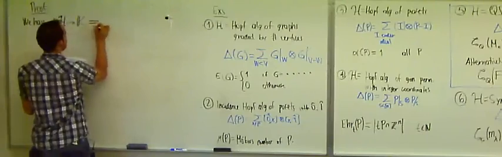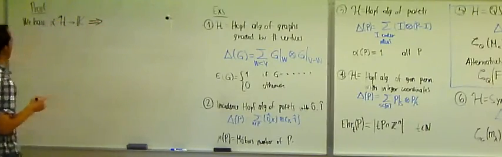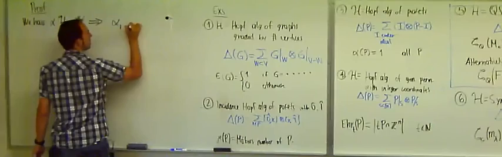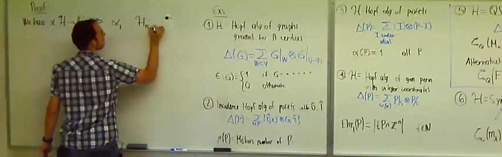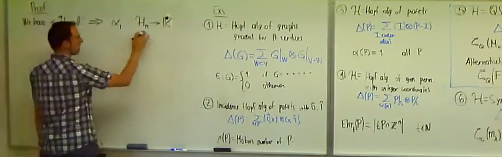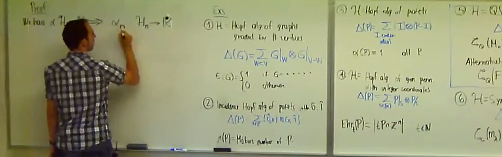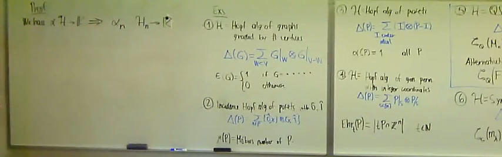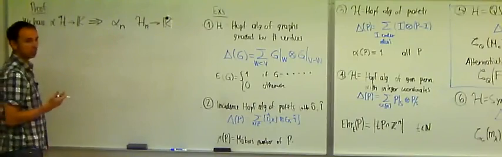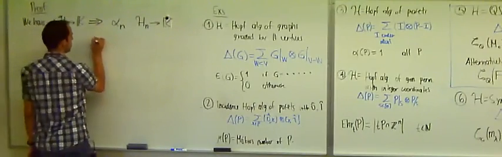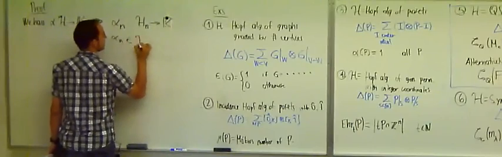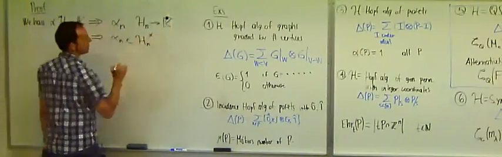And because everything here is graded, I can actually restrict that map to Hn. Okay, I can see where the things of degree n go, and I'm going to call this map alpha n. Okay? So alpha n is going to be some map from Hn to K. In other words, alpha n is just an element of the dual space to Hn.